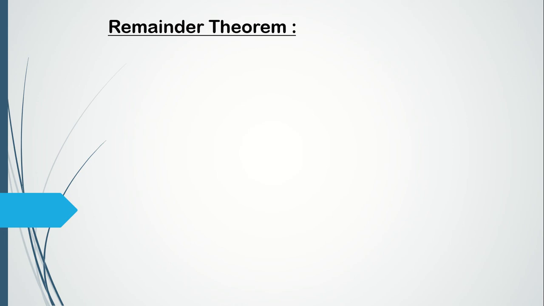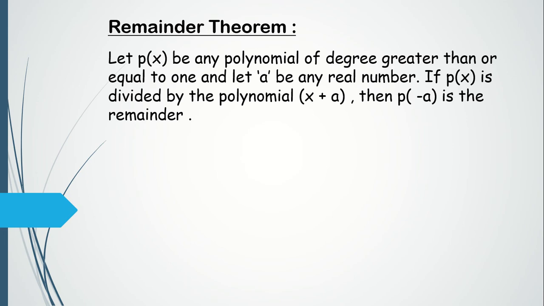Let's revise what is the remainder theorem. Let P(x) be any polynomial of degree greater than or equal to 1 and let a be any real number. If P(x) is divided by the polynomial x plus a, then P(-a) is the remainder. So basically P(x), the polynomial in x, is the dividend and x plus a is the divisor.